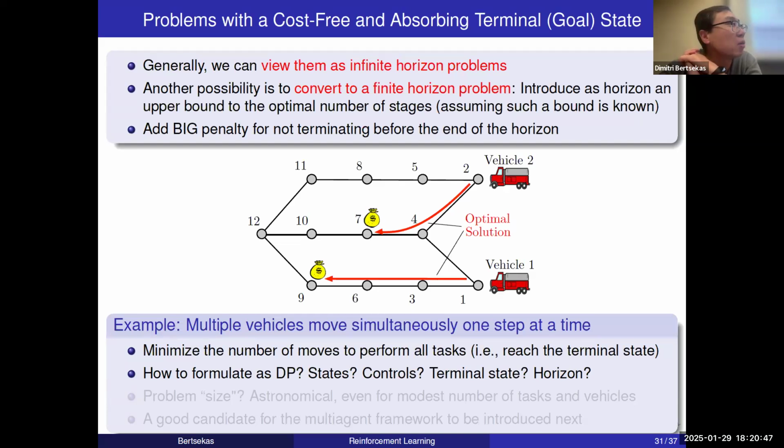Since they operate simultaneously, the number of nodes can be a valid option for horizon, right? So that's one option. But if you have a better guess, then it's better to use a more accurate guess.